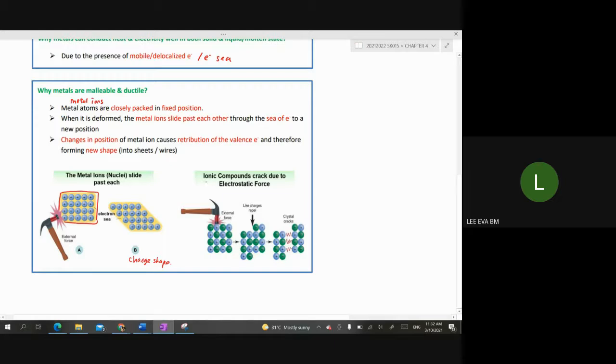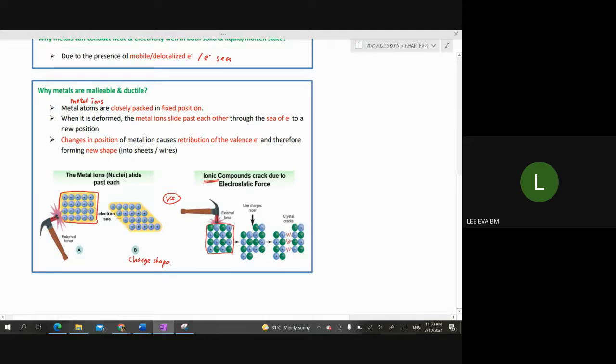But if we compare with the ionic compound, yang ini comparison ya, versus. Comparing with ionic compound, we know the ionic compound is between cation and anion. Dia bukan sama dengan electron. Dia ialah cation, anion, cation, anion. So looking at the model over here, why do we say ionic compound crack or can break into pieces? Because when you knock it, okay, you hit it very hard with some external forces, you will change the positions of the ion.